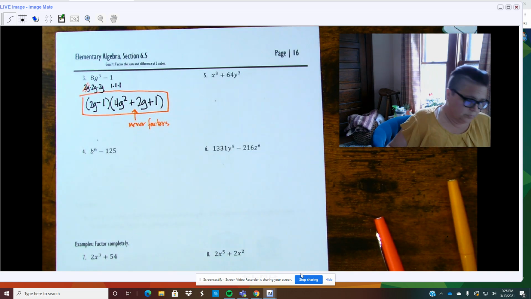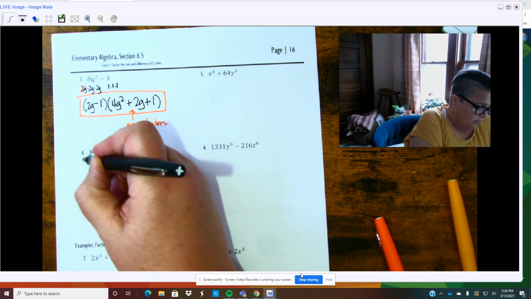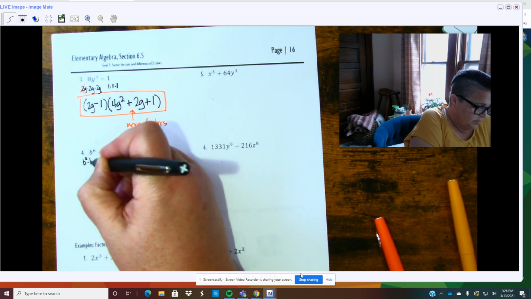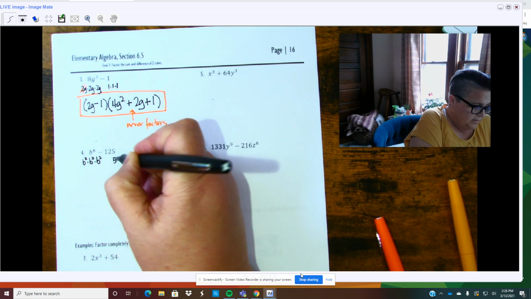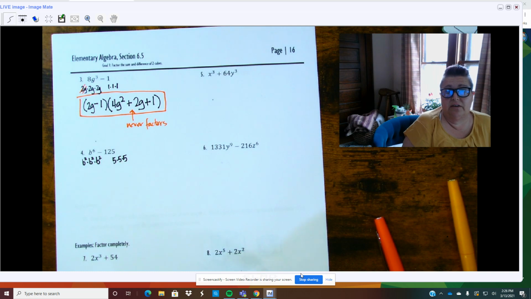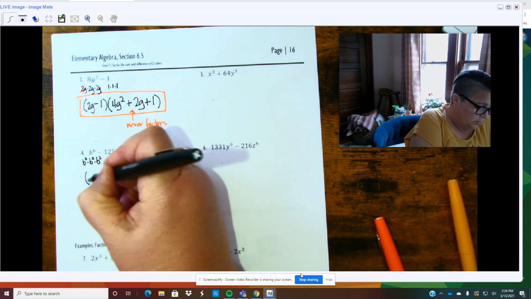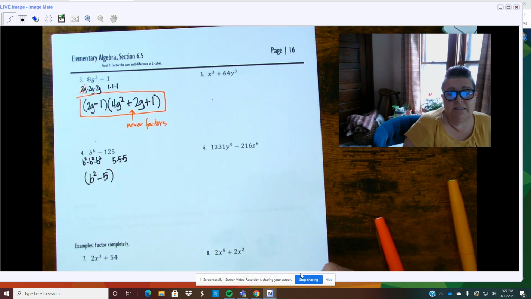All right. So I do know that b to the 6th is a perfect cube. It is b squared times b squared times b squared. 125 is 5 times 5 times 5. Using the difference of two cubes, this will be b squared minus 5. Remember, the first one is the same.